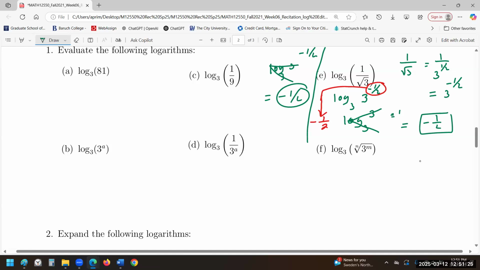No. Okay, the next one, the last one. It's one where everybody makes a common mistake, so let me go over it with you. It's the same thing. We have log base 3, and we do see that there is a 3 here. So our goal is to rewrite this so that we can have 3 with some power.